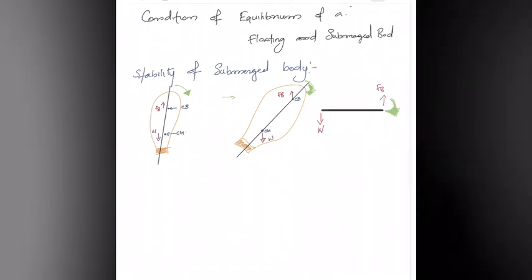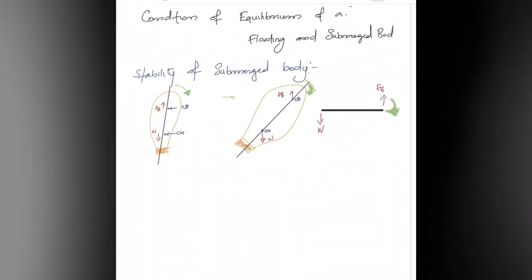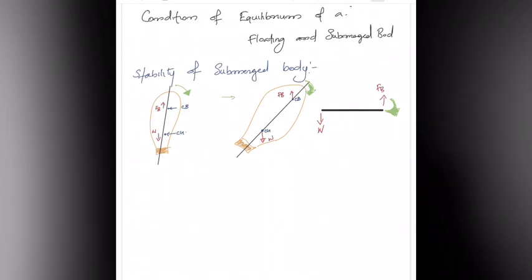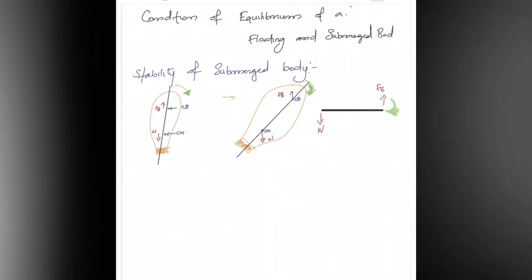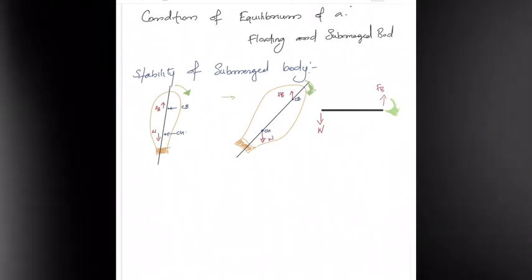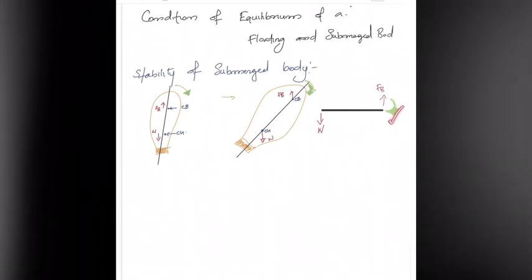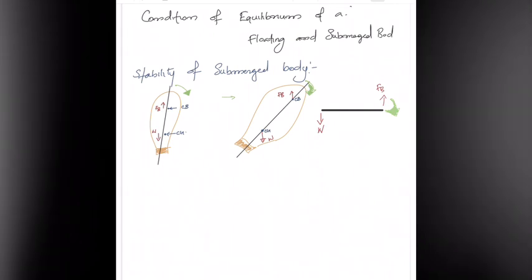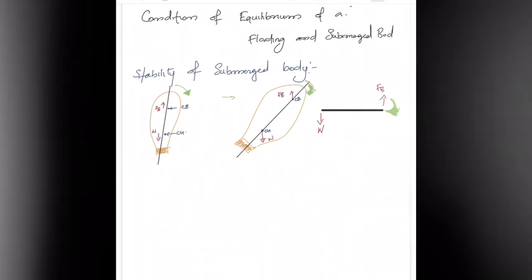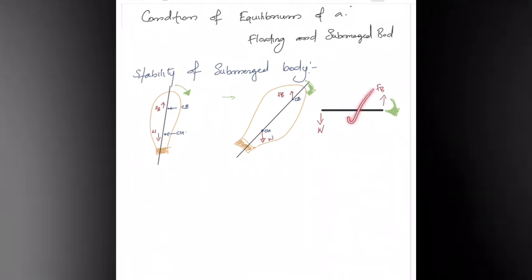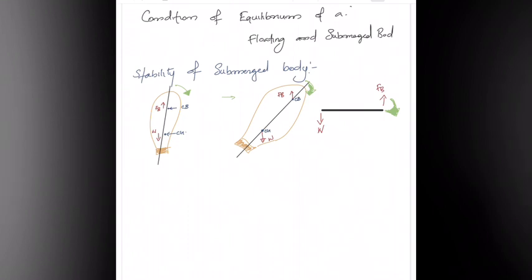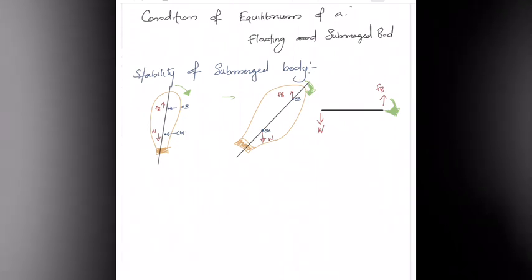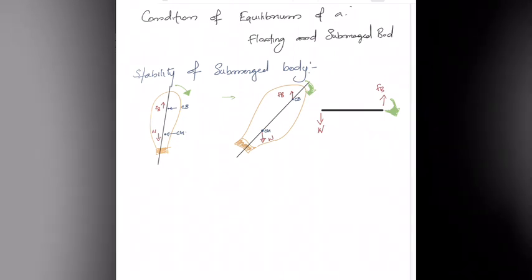Because when we apply this angular displacement, the balloon tilts, and the weight and buoyant force form a couple opposing the moment caused by the displacement, and it tries to bring the balloon back to its original position. And this is termed as stable equilibrium.